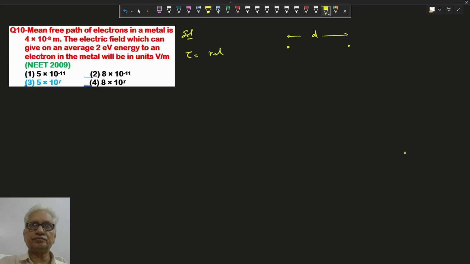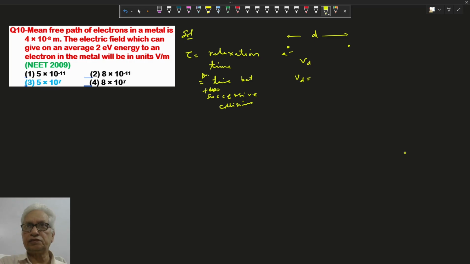Relaxation time, as per the definition, is the average time between two successive collisions, and the electron is moving with drift speed.